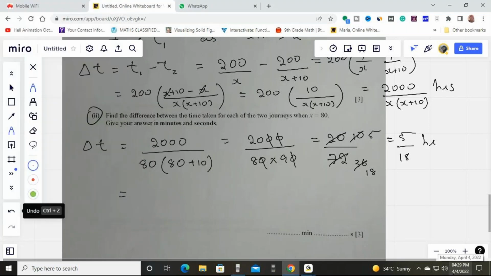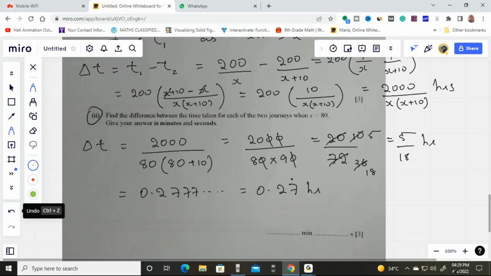So it's actually 0.2777 and so on. So I can write it as 0.27, and on the 7 I can write a dot. Okay, this is in hours.